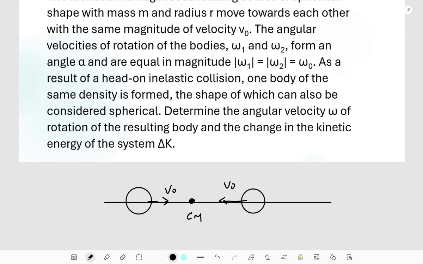And we cannot use the conservation of kinetic energy in this case, because kinetic energy is going to change, because the collision is not elastic.